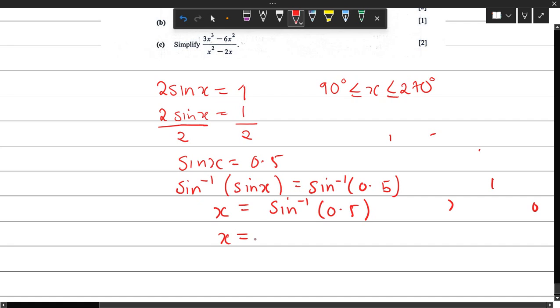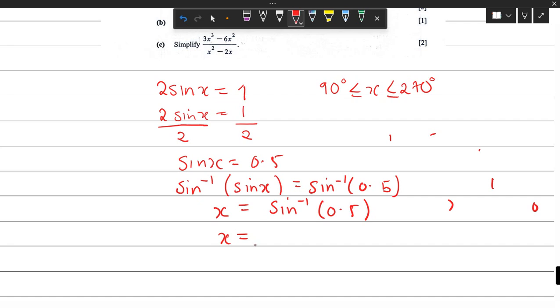If you see somewhere it's written shift, you first press shift, then you press sine. You will see that it will be sine with a power negative 1. Then that's when you press 0.5. And the answer is 30 degrees.